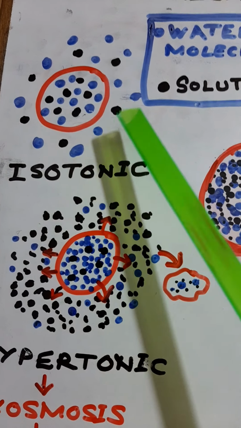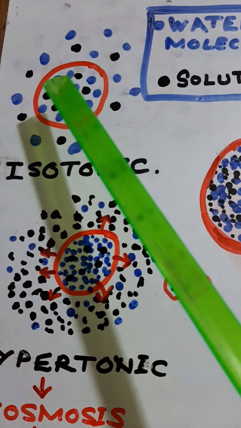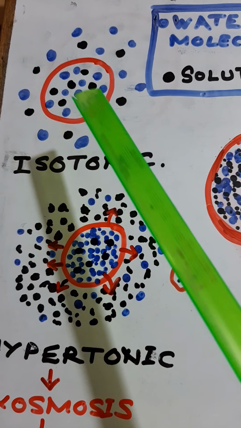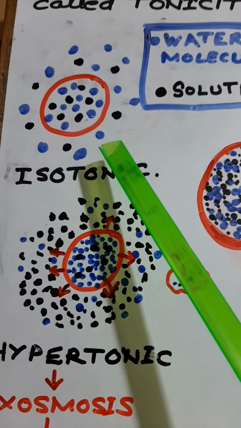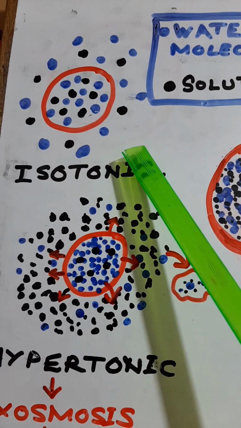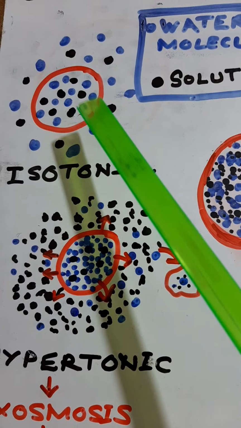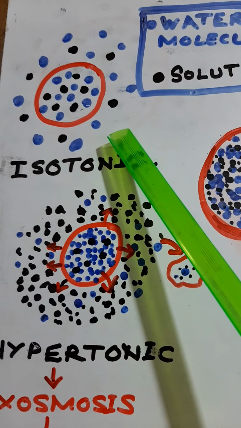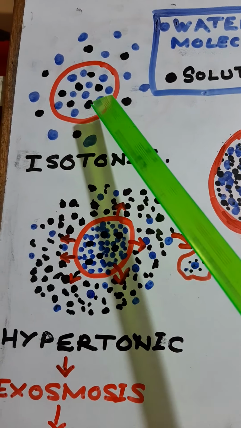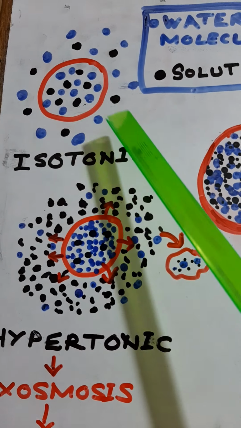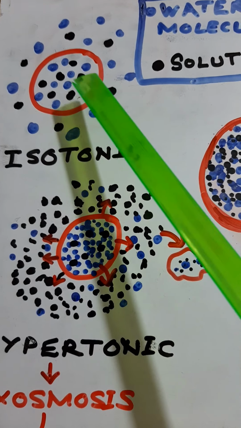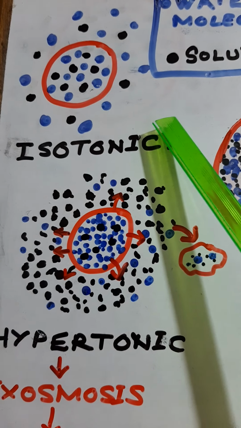Okay, that means the membrane of the cell. What you can see is that the number of solute molecules and water molecules are more or less the same inside and outside. When it is like this, the number of water molecules entering and leaving the cell will more or less be equal. The net movement will be more or less the same.